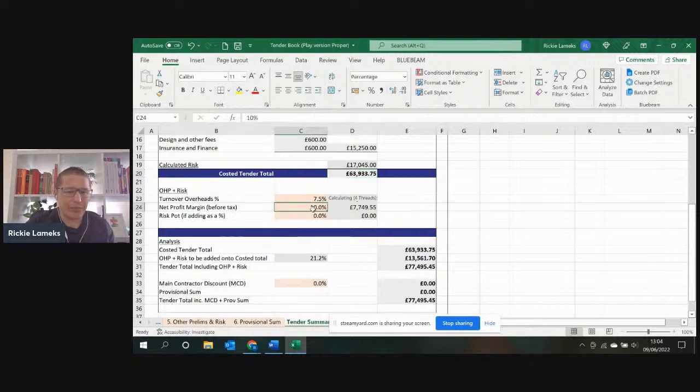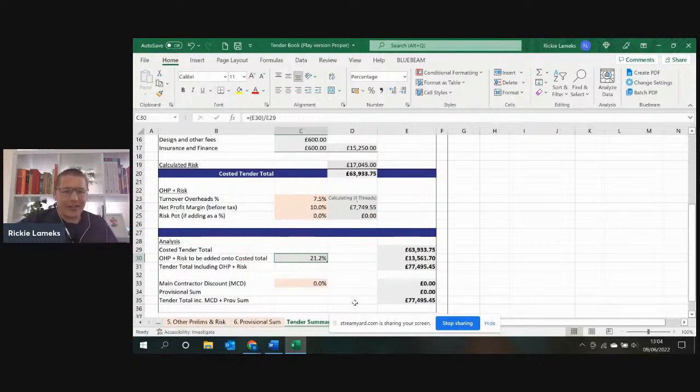I've just done that similar to an accounting figure. But if I'm adding 7.5 and 10%, here's a little calculation that I've created. I am adding on top of my 63K 21.2%. So my OH&P percentage is 21.2%.